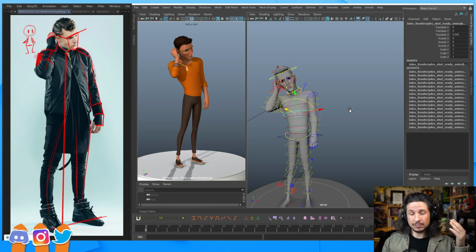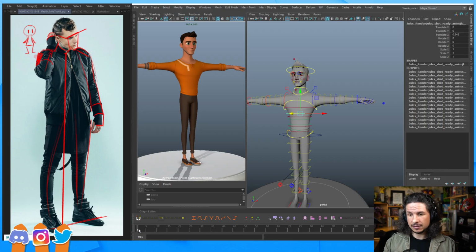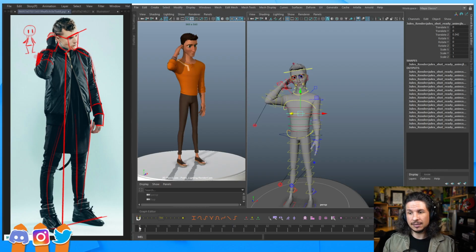Now, let's actually compare where we started. So that's our T-pose. This is the typical pose I see many students do. Don't do this. If you're posing like this, it usually means that you're not analyzing the pose, not paying attention to the little details.